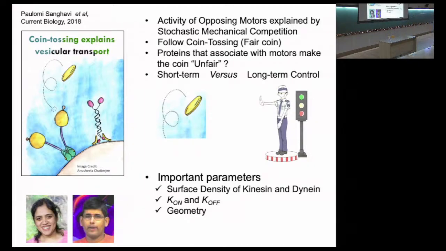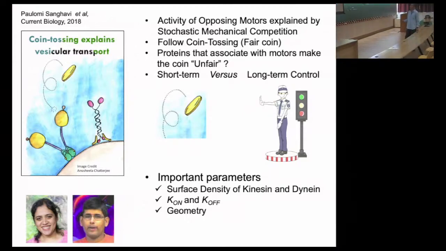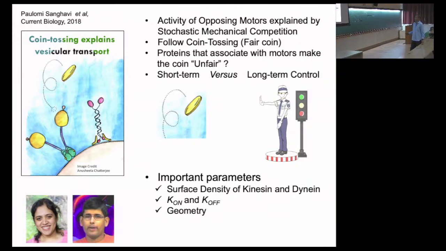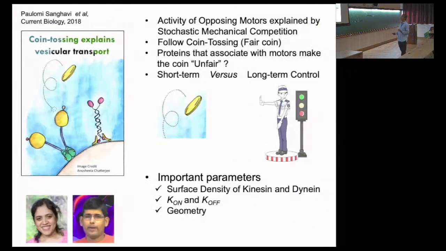Some later work, which will be relevant to something that I will bring up later, is what Paulomi, working with Ranjit, was able to show. I don't think I have any slides on this, so I'm not going to go into the details. This is also published, you can read about it.